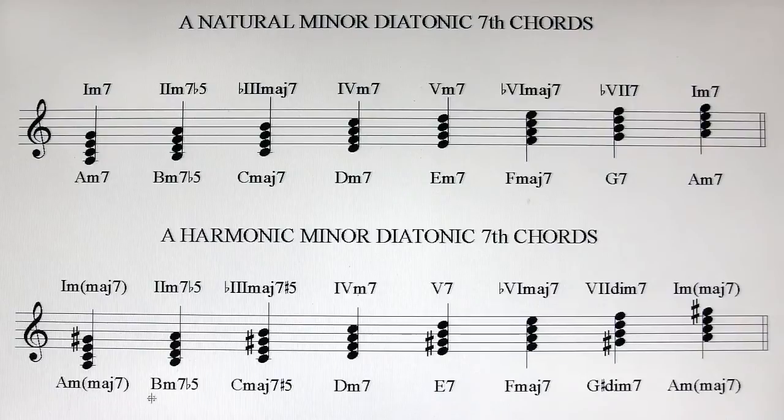Here the 2 chord is still the same, minor 7 flat 5. The flat 3 chord is now not just a major seventh, it's a major seventh with the fifth sharpened, hence the name major 7 sharp 5. There's our root to third, and there's our fifth G, but it is the G sharp, it's been sharpened, so that makes it a sharpened fifth.